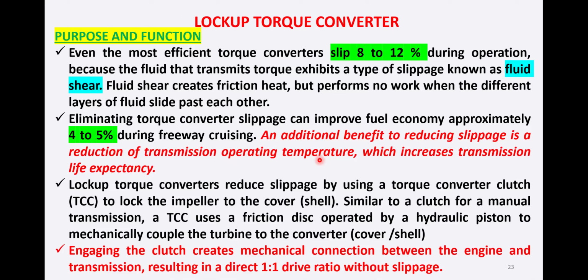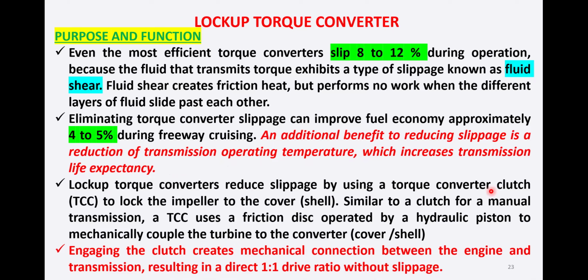The heat that damages the fluid properties can be saved, and the transmission operating temperature is reduced, which increases transmission life expectancy. So the lockup torque converter reduces slippage by using a torque converter clutch.